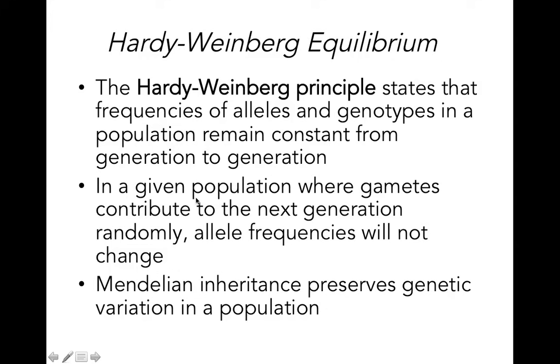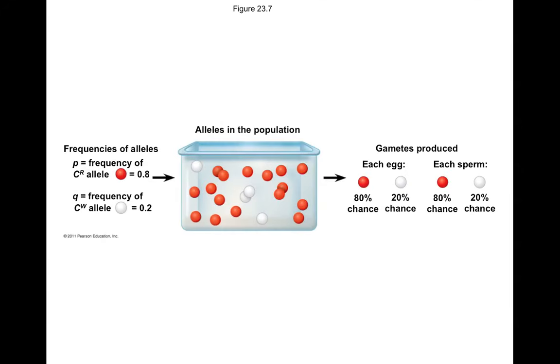So in a given population where gametes contribute to the next generation randomly, that is, where we have random mating, allele frequencies will not change, and Mendelian inheritance is going to preserve genetic variation within a population.